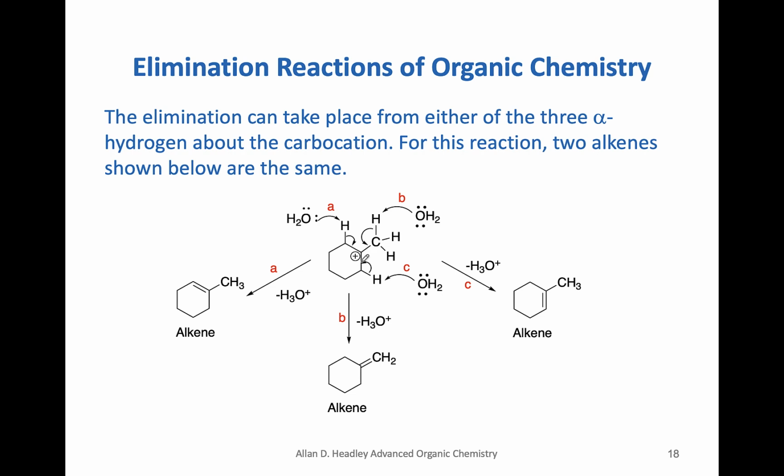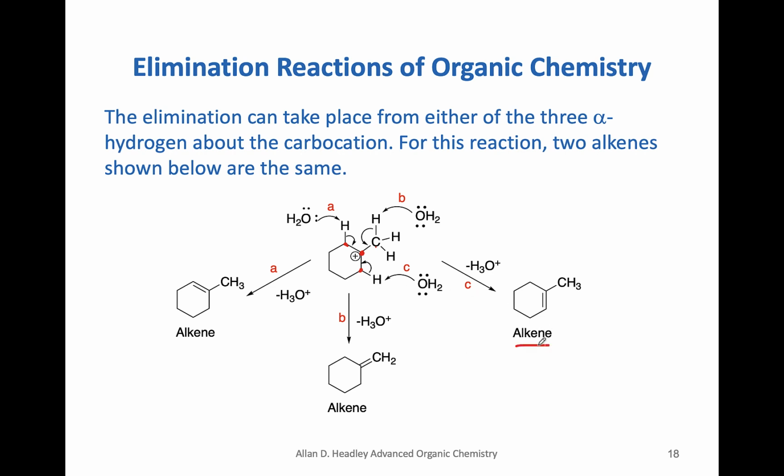Once we have the rate determining step for the formation of the carbocation, notice again we have 3 carbons that are adjacent to this carbocation right here. So the base, water, can abstract this hydrogen to form an alkene. It can abstract this hydrogen to form an alkene, or it can abstract this hydrogen to form this alkene.